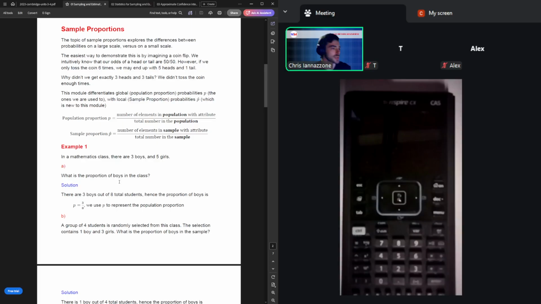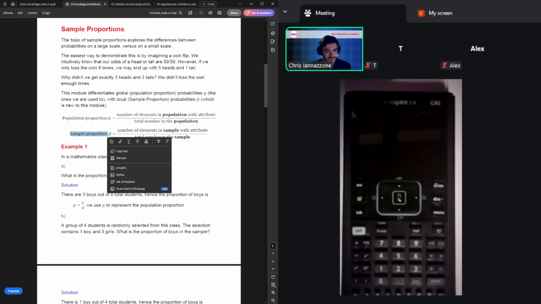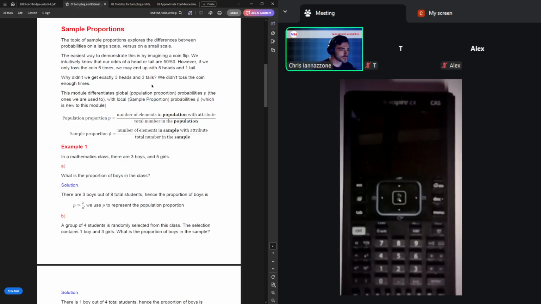But okay. So, some new definitions. You've got the population proportion and you've got the sample proportion, both p and p hat respectively. What are these? Well, the population proportion is the number of elements in the population that has the desired attribute divided by the total number in the population. This is just your x over n that we know from way back in fundamentals of probability.